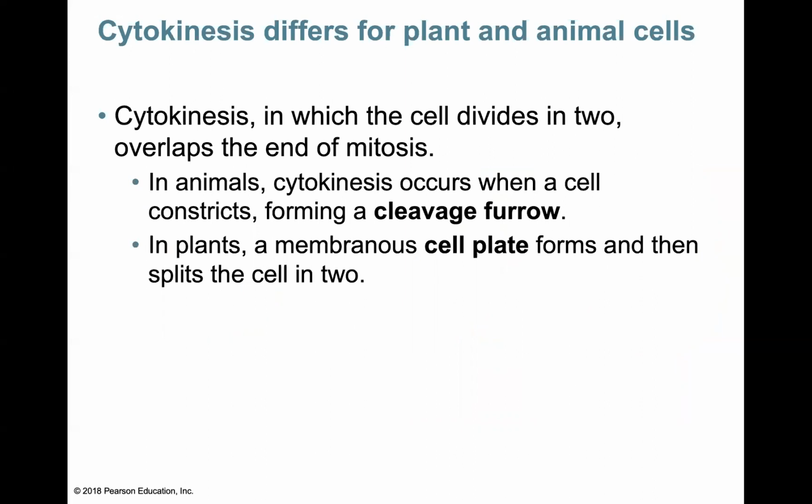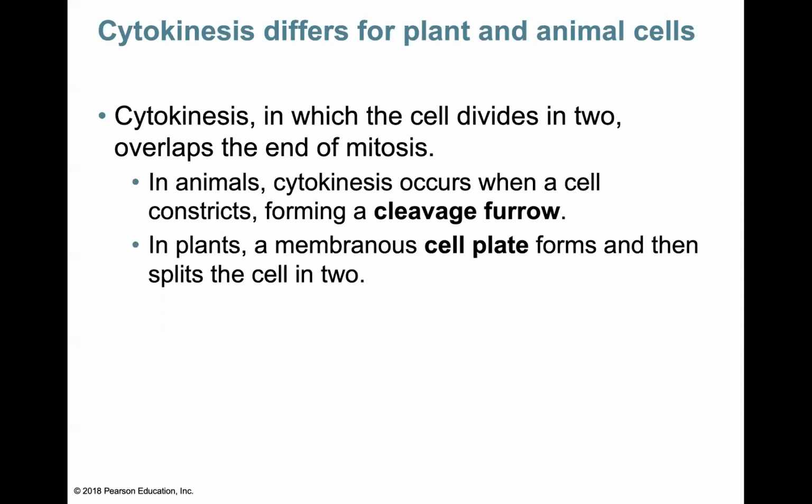Cytokinesis, in which the cell divides into two, overlaps the end of mitosis. So that chain of events that we highlighted, prophase, metaphase, anaphase, and telophase, are all going to precede cytokinesis. And this process of cytokinesis differs for plant and animal cells.